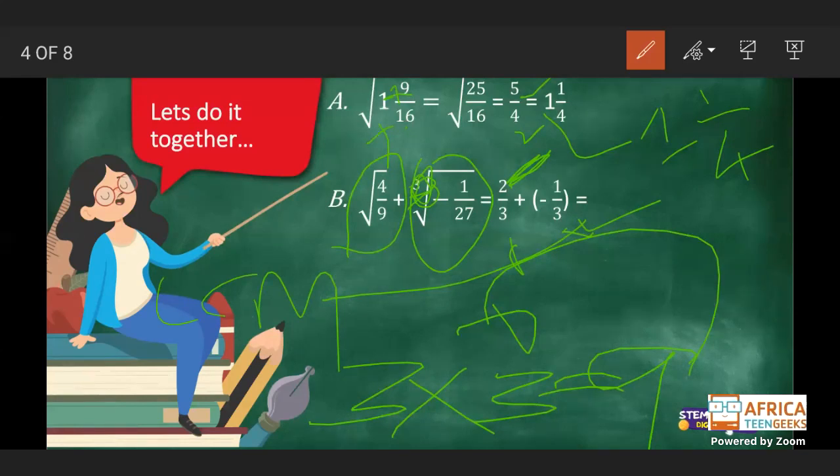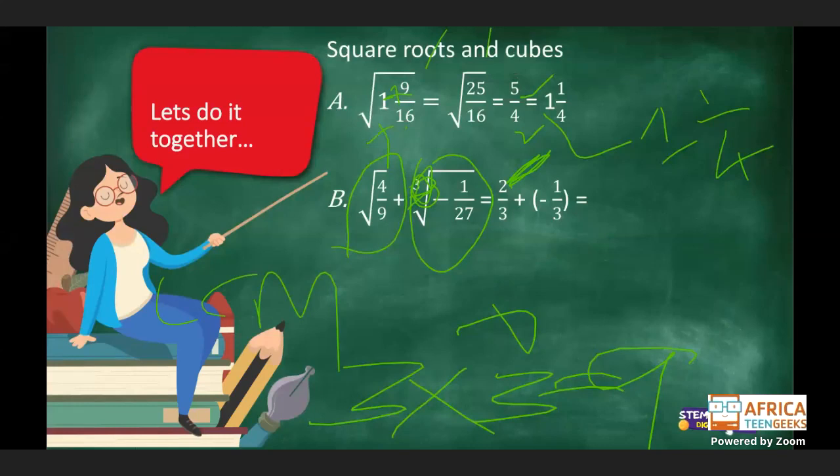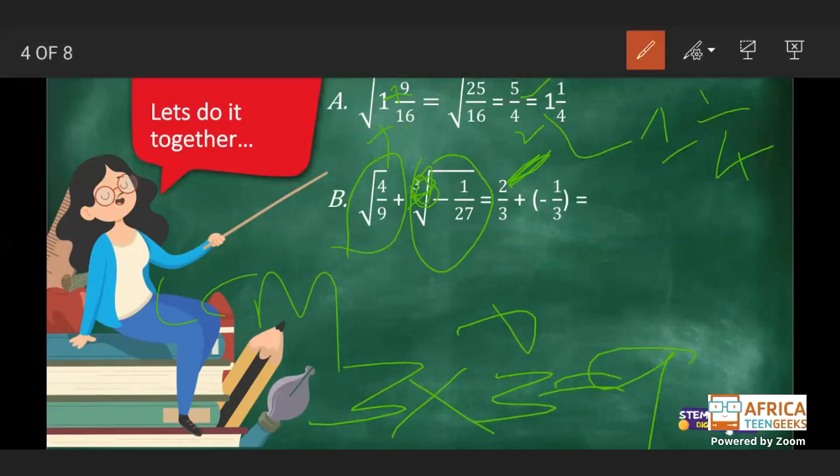Let me write it right. Okay, let's erase first. So obviously we have our 3, right? And when you say 2 plus negative 1, 2 plus negative 1 equals what?